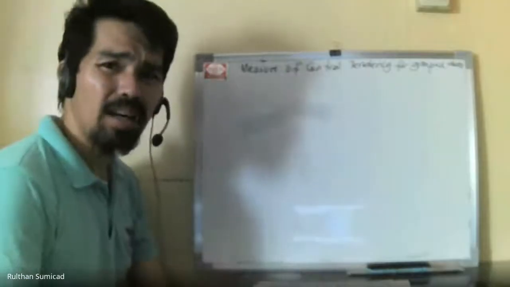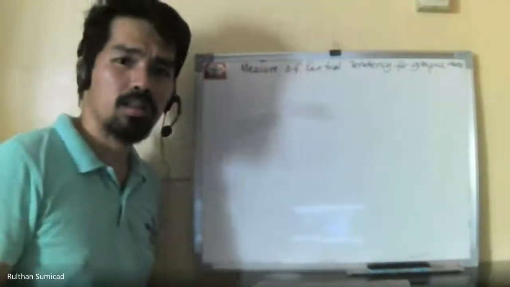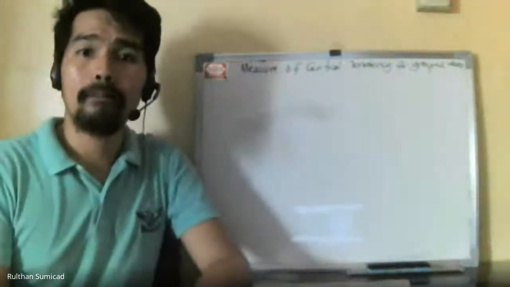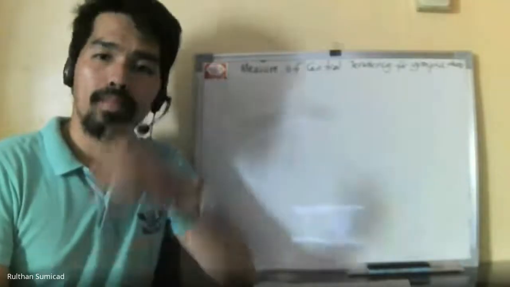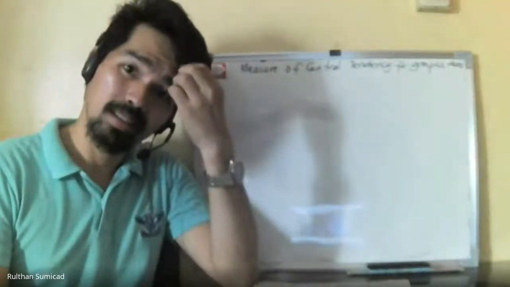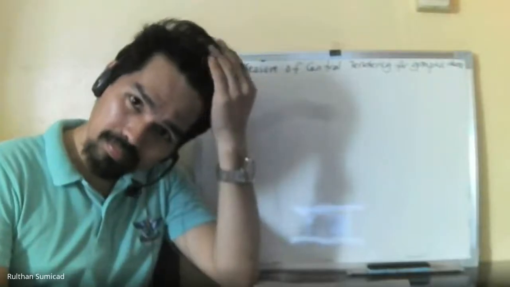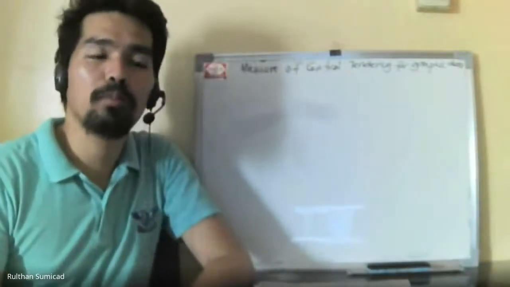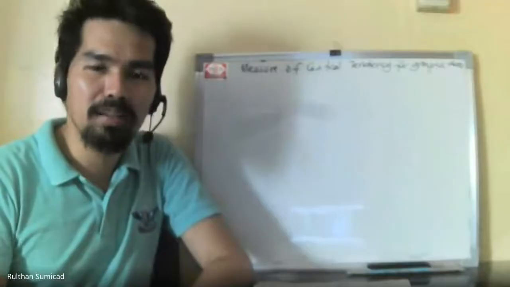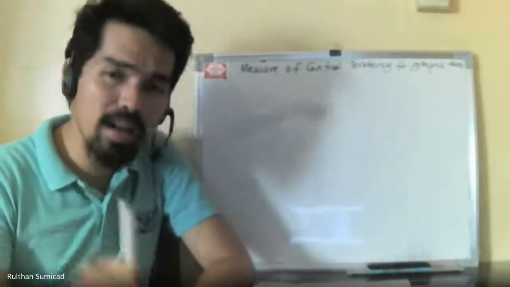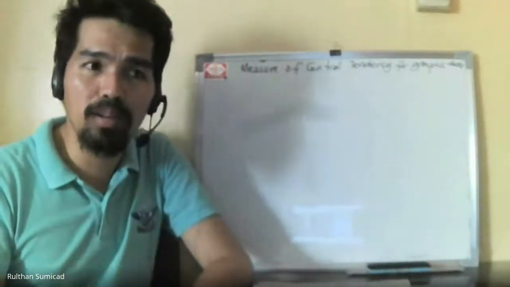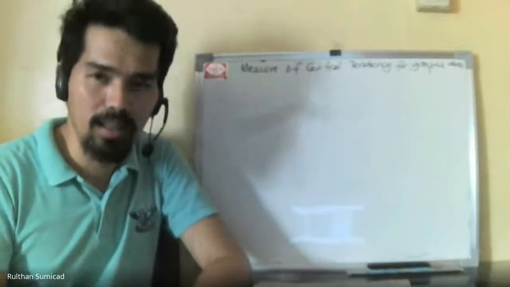No one's going to answer. I'm confused now. Can somebody please answer me? Did we discuss already the frequency distribution table for group data or not yet? Not yet, sir.